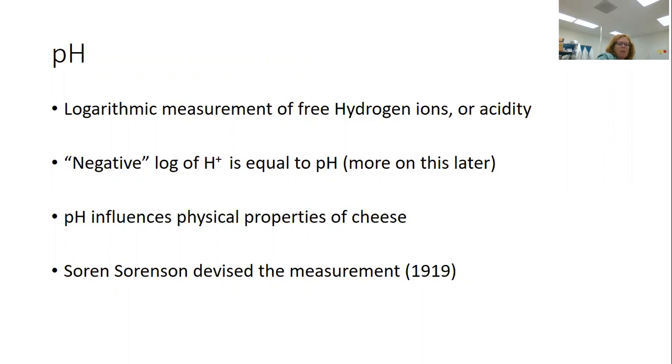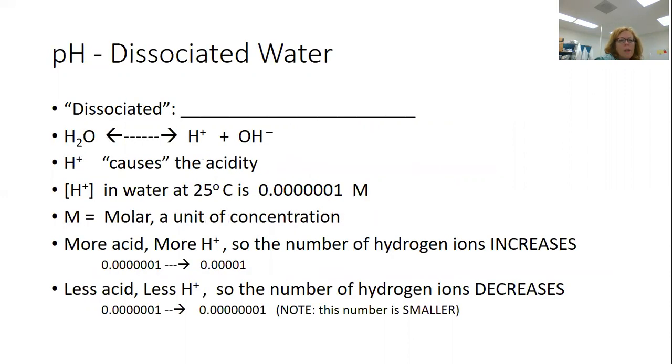Again, pH is a function of 10 to the power of the hydrogen ions. So however many hydrogen ions as a log of 10, and don't worry about that right now. But pH does influence the physical properties of the cheese. If it's really acidic or not acidic enough, the texture will be different, the flavor will be different, it won't coagulate correctly.